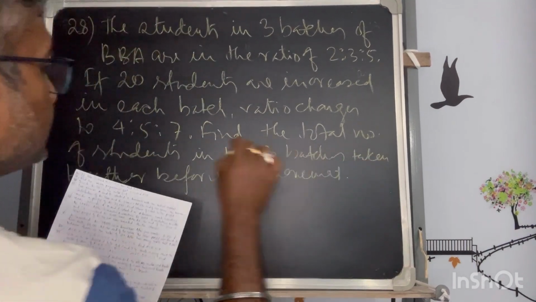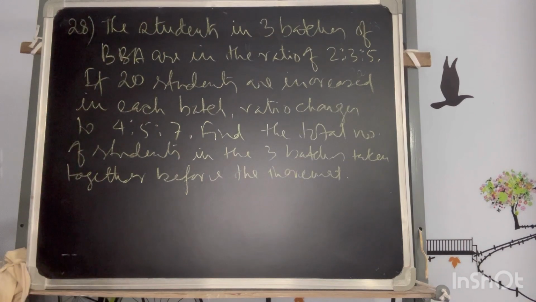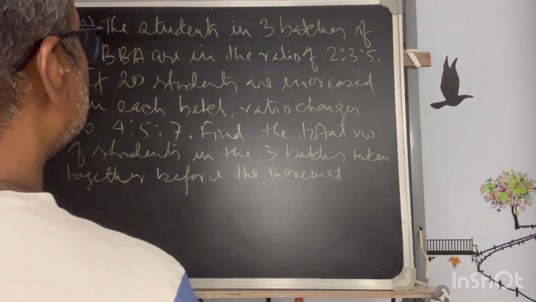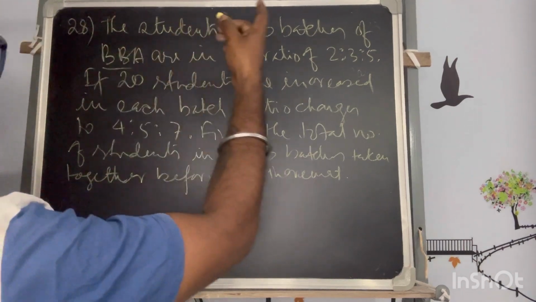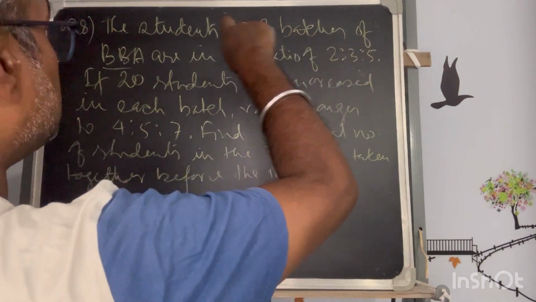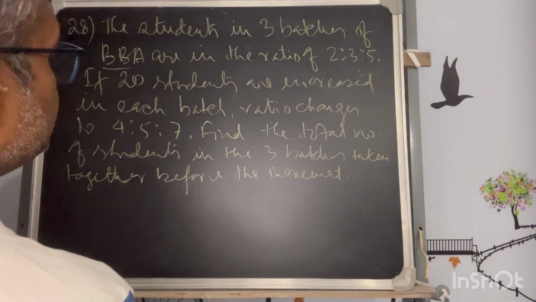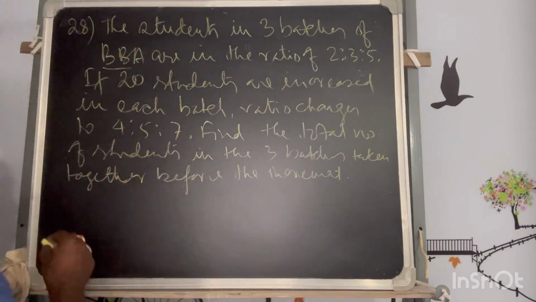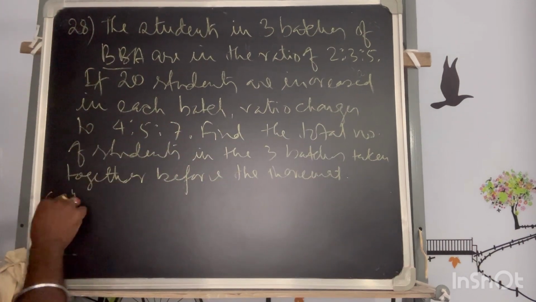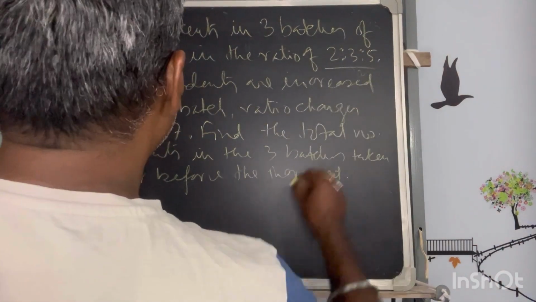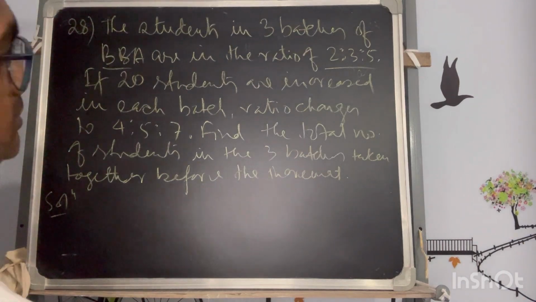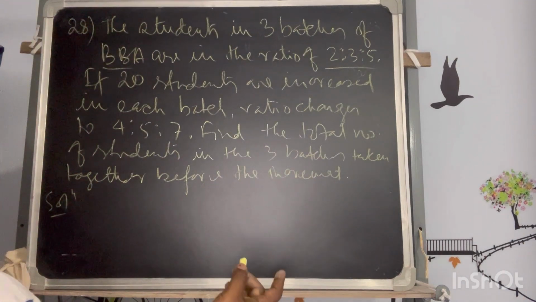Okay, before the increment. The students in 3 batches are in the ratio of 2:3:5, and 20 students are added in each batch, so the ratio becomes this. We can take a common multiplier, 2x, 3x and 5x.